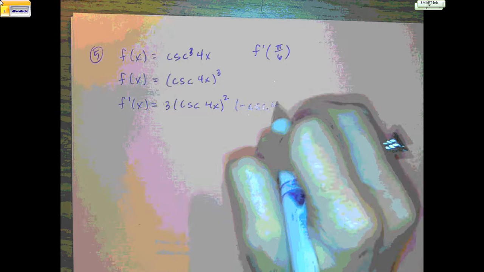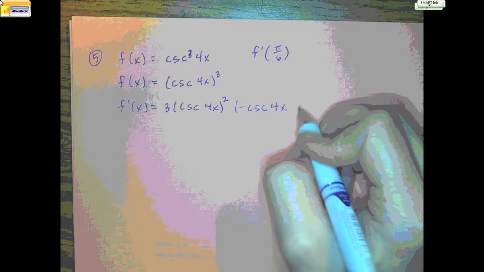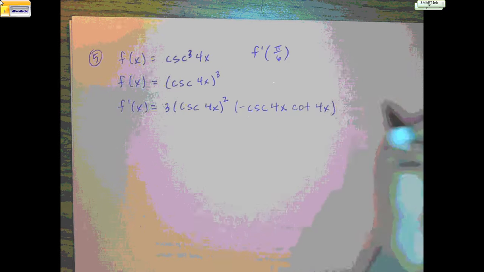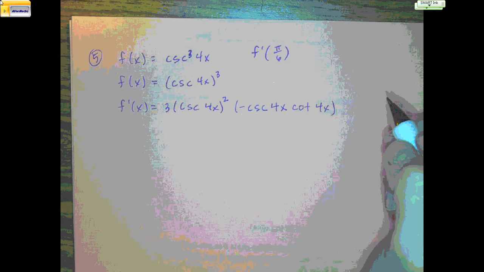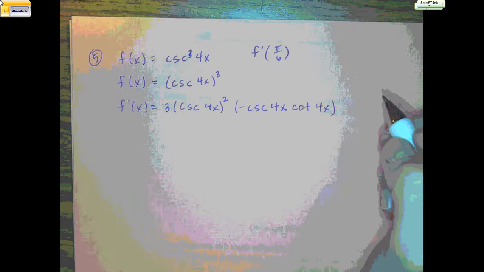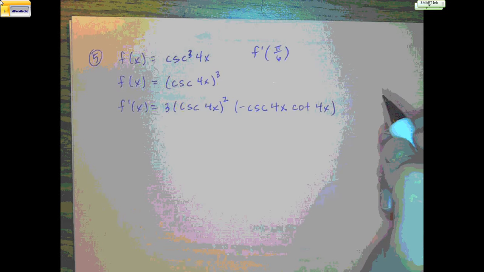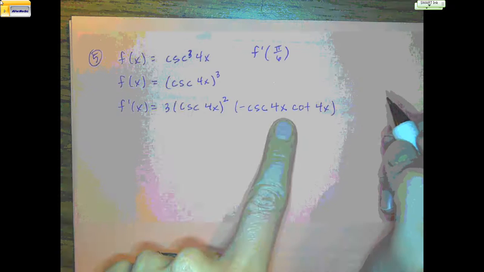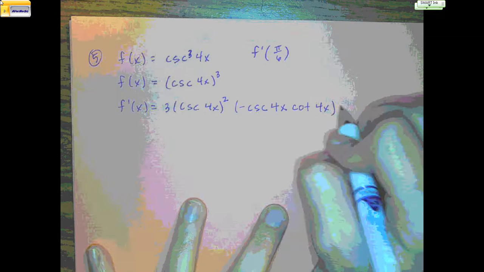Negative cosecant 4x cotangent 4x. If you don't know that, note for tomorrow. So we derived the hard candy shell, the chocolate, and then inside of that we have a pretzel. We need the derivative of 4x now, which is 4.